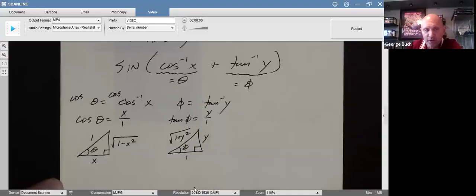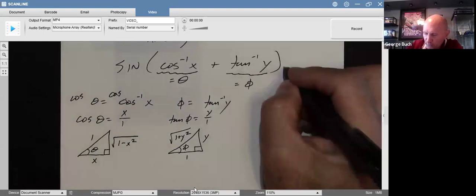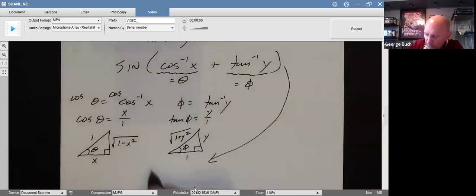And like I said, this is the step everybody always forgets, and especially on a problem like this is ultra critical as to what we do next. And we do what? We rewrite the original without all the inverse pieces. So I'm going to rewrite this as sine of theta plus phi.